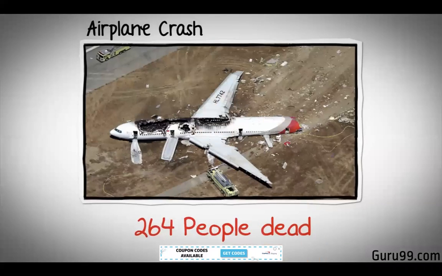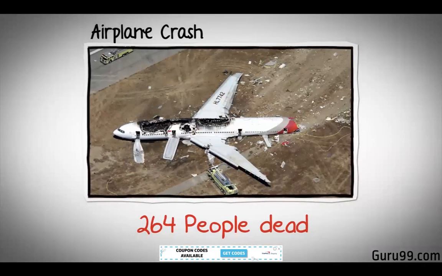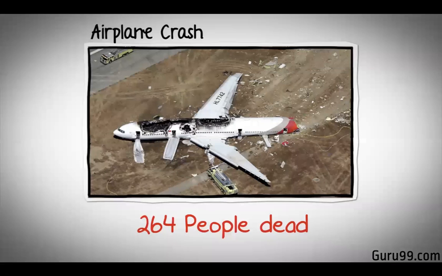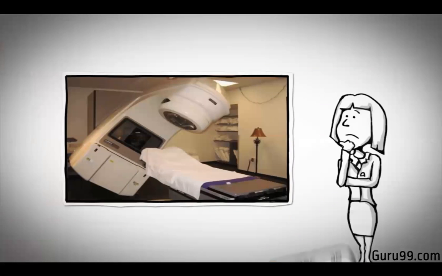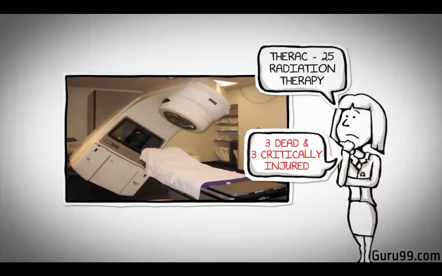This is China Airlines Airbus A300 crashing due to a software bug on April 26, 1994, killing 264 innocent lives. Software bugs can potentially cause monetary and human loss. History is full of such examples. In 1985, Canada's Therac 25 radiation therapy machine malfunctioned due to a software bug and delivered lethal radiation doses to patients, leaving 3 people dead and critically injuring 3 others.